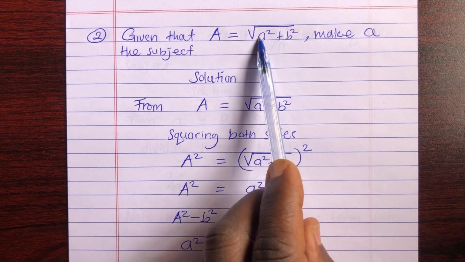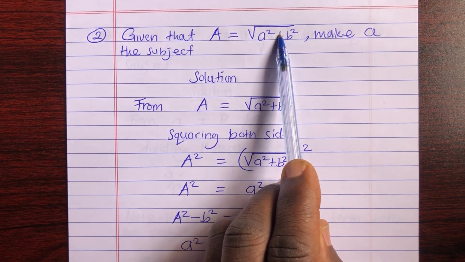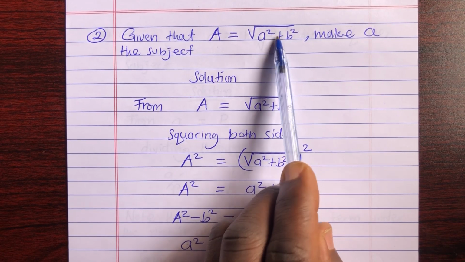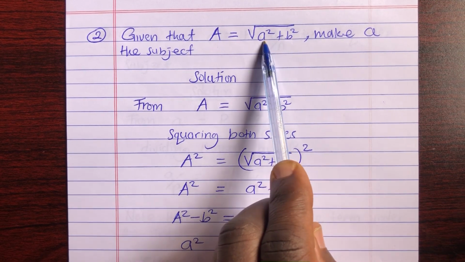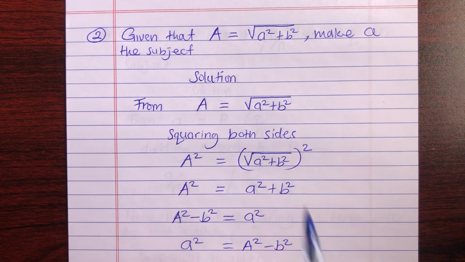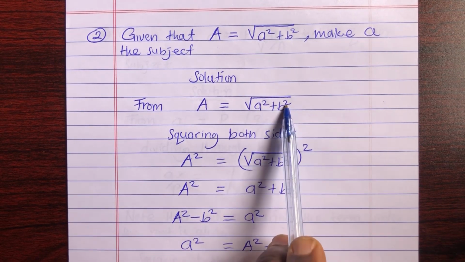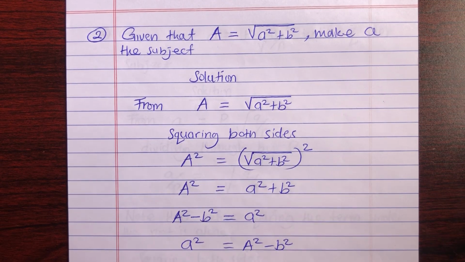But the small a squared is under a square root, which is acting as a fence, preventing us from taking away B squared so that we remain with a squared. And therefore, our first step is to break the fence, which is the square root. This one is broken by squaring both sides.